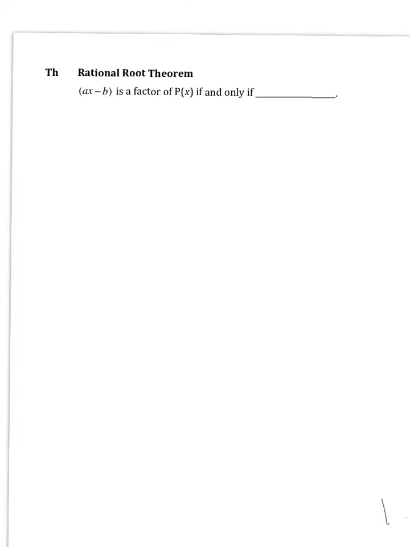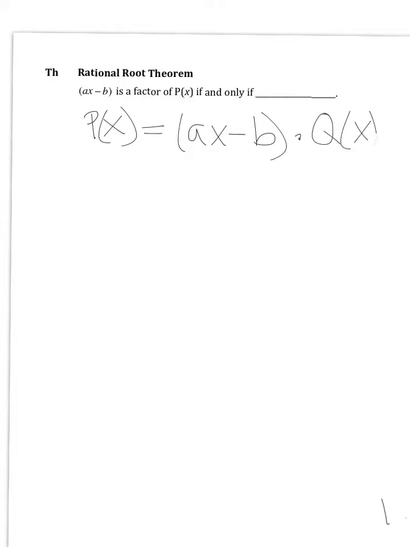It says that the quantity ax minus b is a factor of my polynomial if and only if, and we're going to fill this in, but let's talk about what's happening. So p of x is our polynomial, and ax minus b is a factor. But it's not necessarily the only factor, so it's multiplied by another polynomial, which is the rest of the factors.